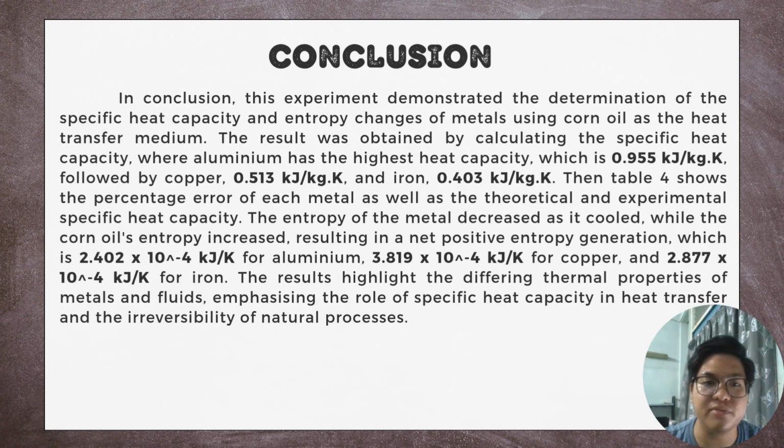0.403. Then Table 4 shows the percentage error of each metal as well as the theoretical and experimental specific heat capacity. The entropy of the metal decreased as it cooled, while the corn oil's entropy increased, resulting in a net positive entropy generation, which is 2.402 times 10 to the power of negative 4 kilojoule over Kelvin for aluminium, 3.819 times 10 to the power of negative 4 for copper, and 2.877 times 10 to the power of negative 4 for iron.